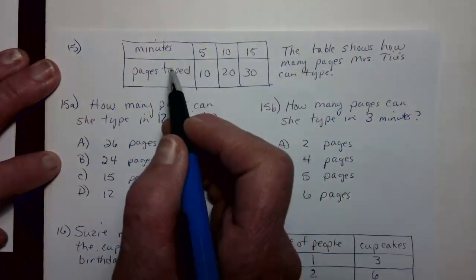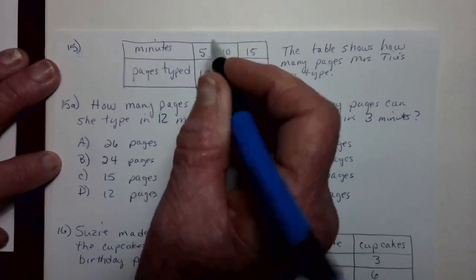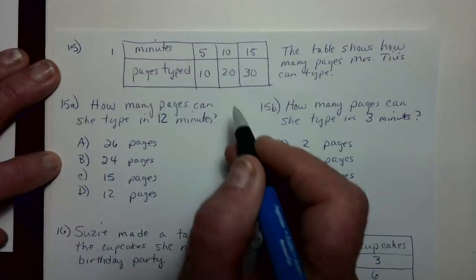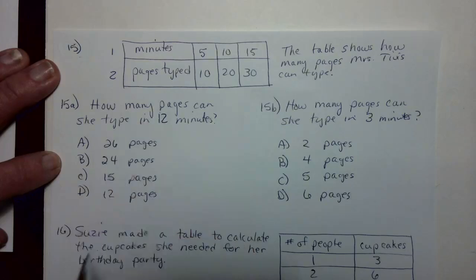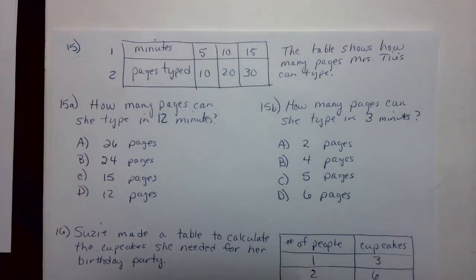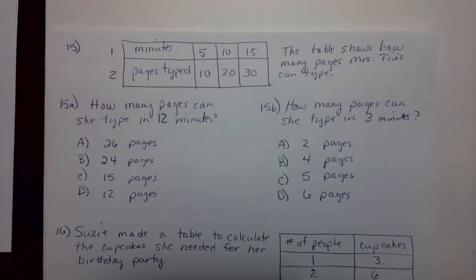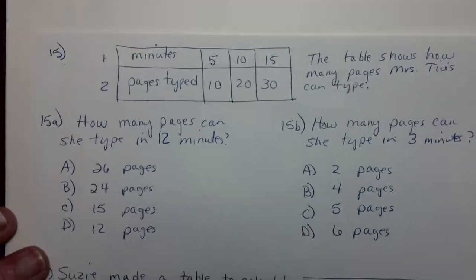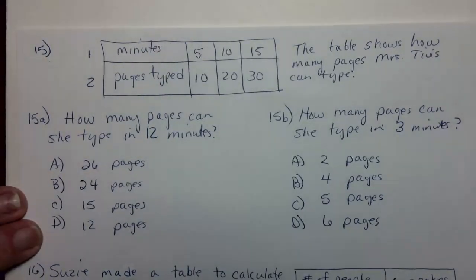Well, let's go backwards. Let's take this and divide it by 5. 5 divided by 5 is 1. 10 divided by 5 is 2. So every 1 minute, we can type 2 pages. Okay.